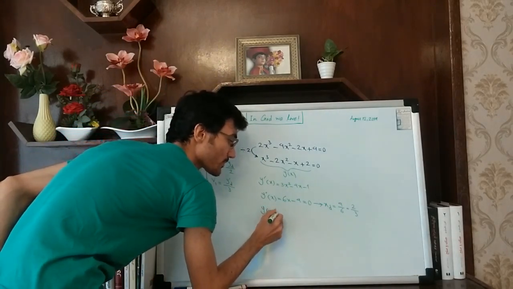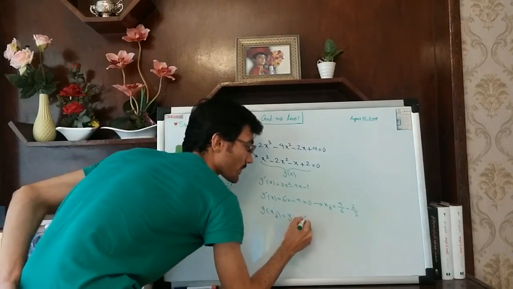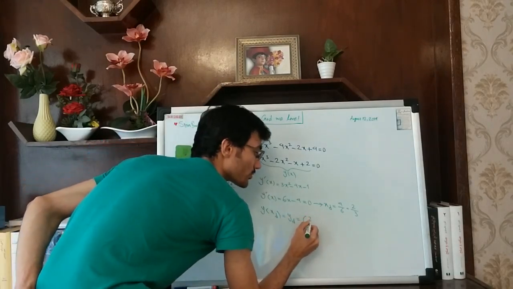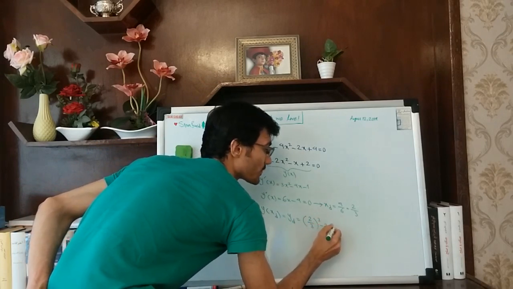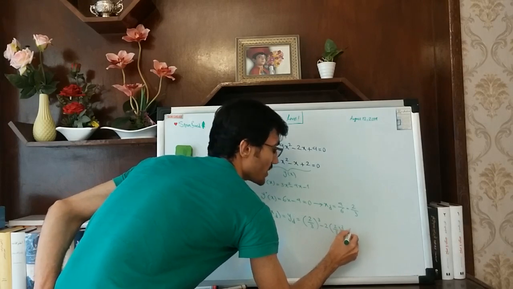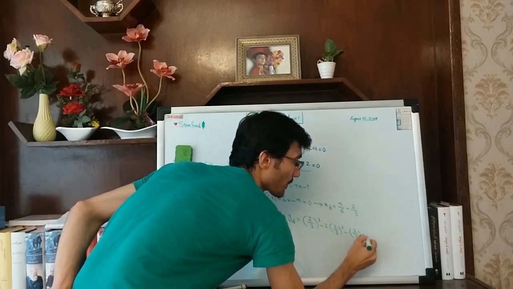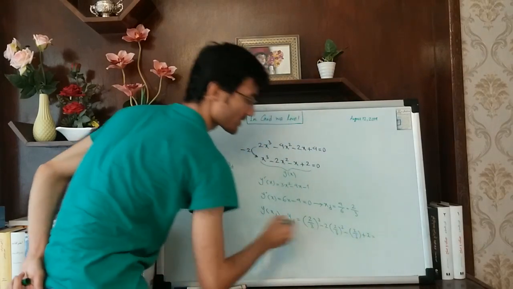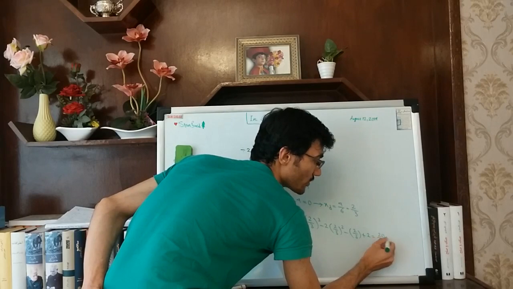Y of xd, or simply yd, equals 2/3 cubed minus 2 times 2/3 squared minus 2/3 plus 2. This equals 20/27.